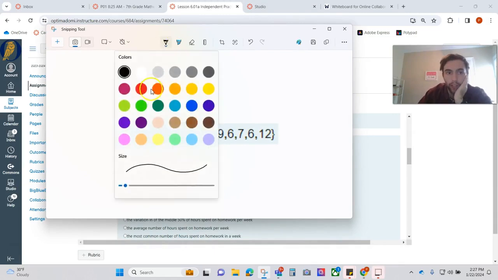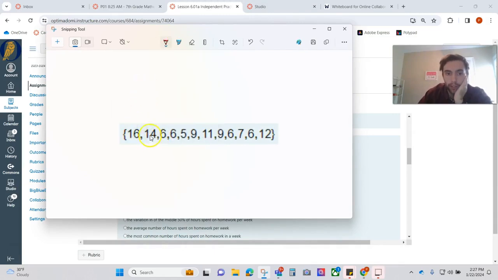So the first step is to reorder the numbers from smallest to biggest. Speed mode: find the smallest number, 5, then the 6s, maybe two numbers at a time. Two more 6s, another 6, another 6. Any more 6s? Nope. Next number is a 7.